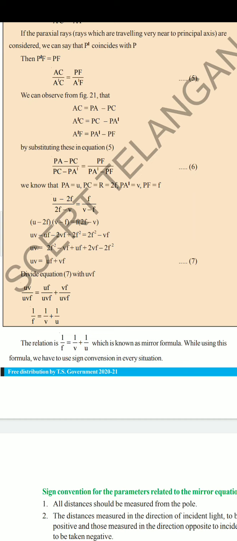Equation 7. Divide equation 7 with uvf. uv divided by uvf equals uf divided by uvf plus vf divided by uvf. 1 by f is equal to 1 by v plus 1 by u.